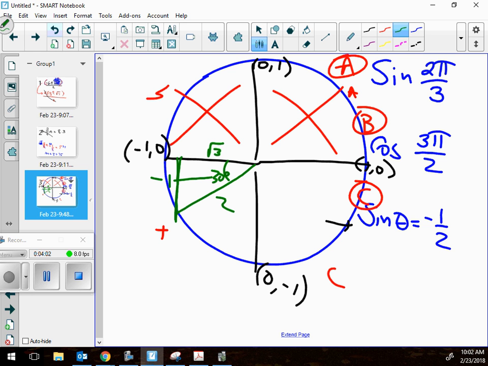No. If my answer was 30, I'd be over here. 30 is part of it, but it's this whole thing. So it's a whole bunch of 30s. So it's 30, and then I'd get to here, and I'd go pi over 6, 2 pi over 6, 3 pi over 6, 4, 5, 6 pi over 6 would get me to here. This spot would be 7 pi over 6. That's one of your two answers.